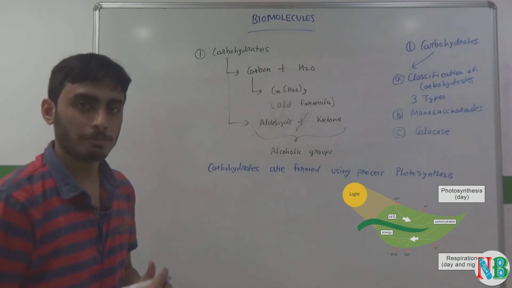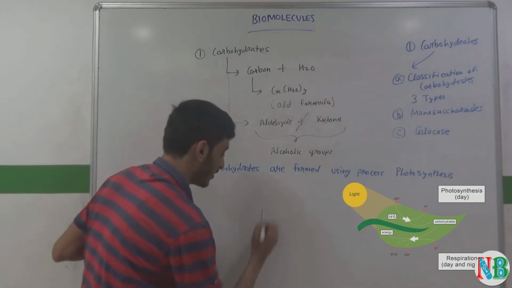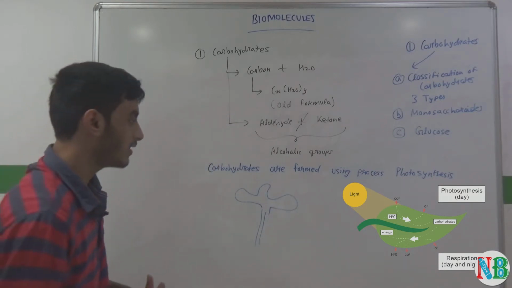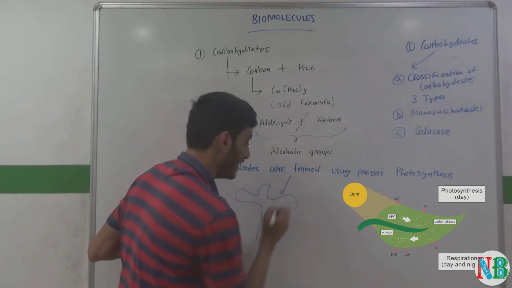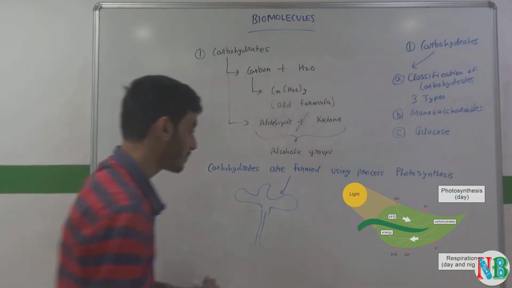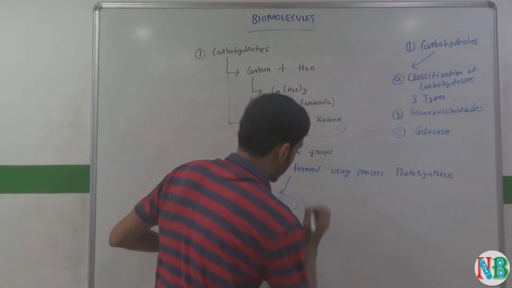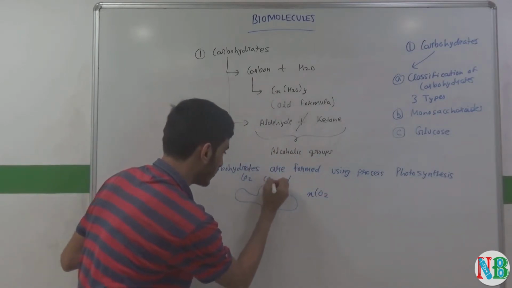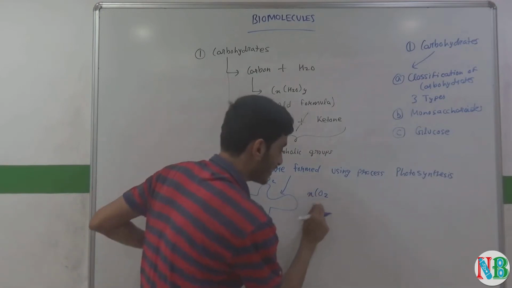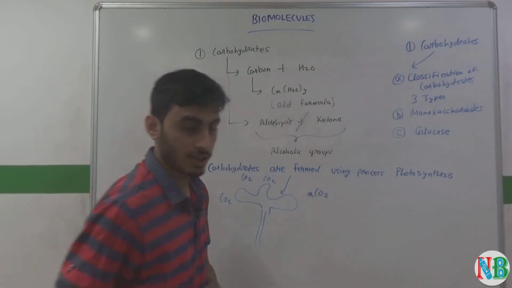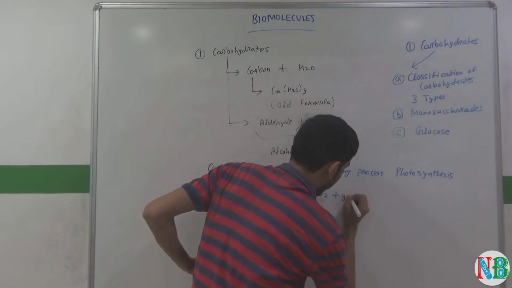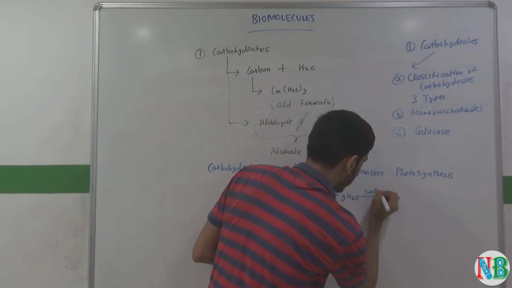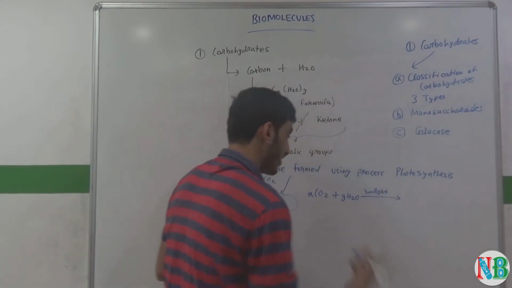In all plants, suppose it's your plant, something like this, when the sun rays fall on the leaf, the CO2 in the outside world, xCO2, reacts with yH2O in sunlight and a reagent.